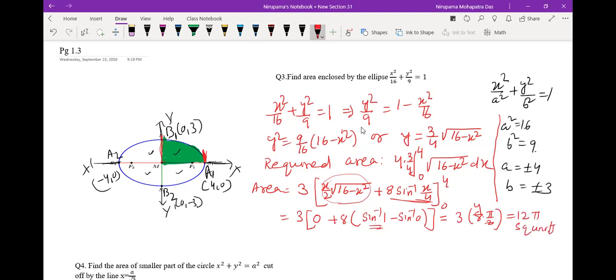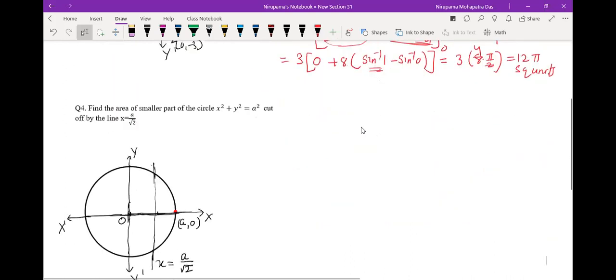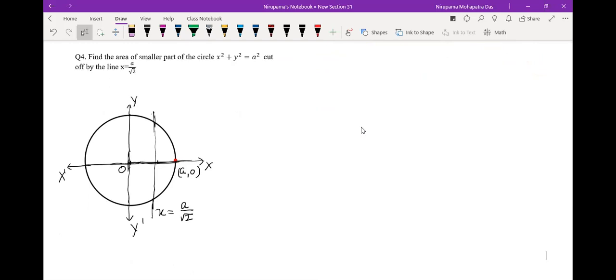Clear? So as of now, the topic is exciting and very interesting also. Now next, the last question of today's class. Find the area of the smaller part of the circle x square plus y square equal to a square cut off by the line x equal to a by root 2. So we are given here a rough sketch.